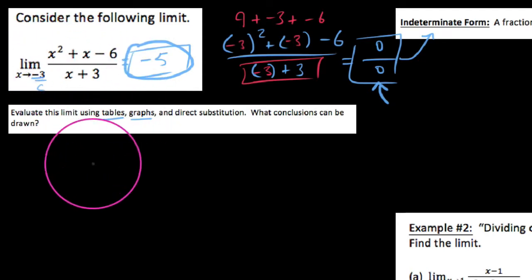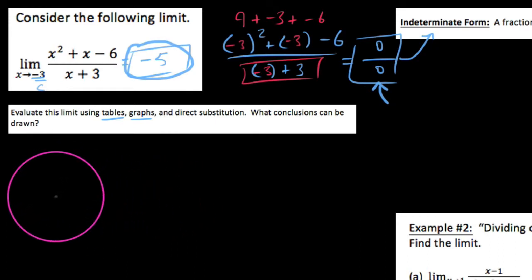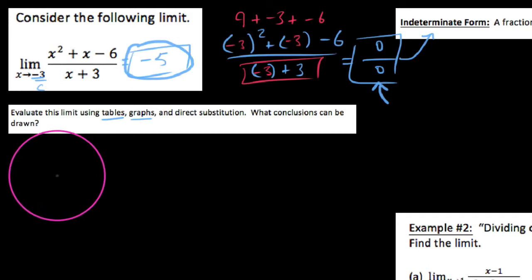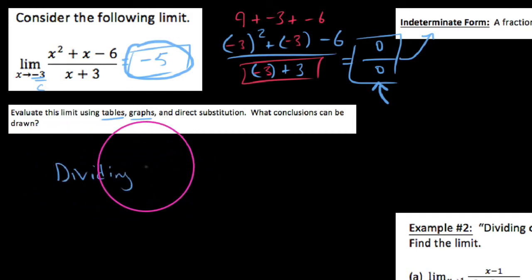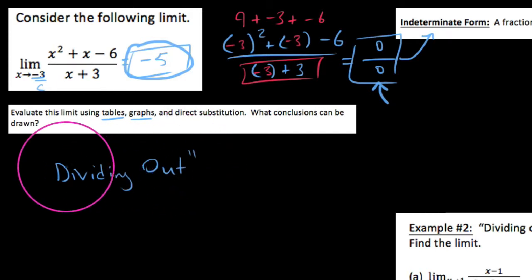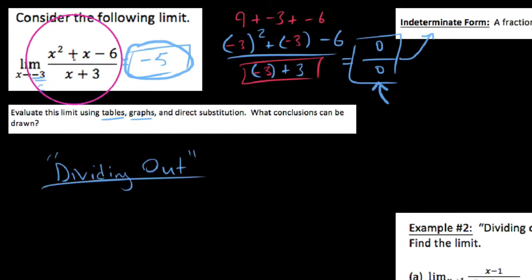The way we're going to do this is we're going to use something we call the dividing out technique. What I'm implying when we say the dividing out technique is that maybe the top and bottom of this fraction have common factors that could have vacated the premises in the first place.